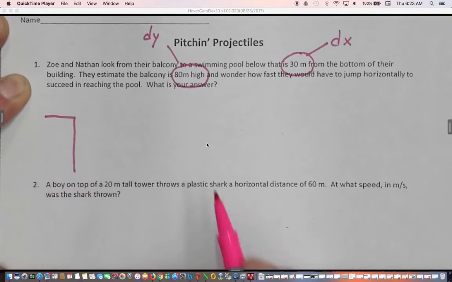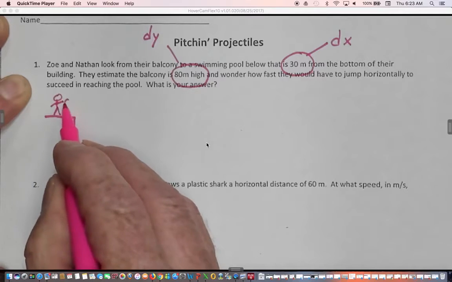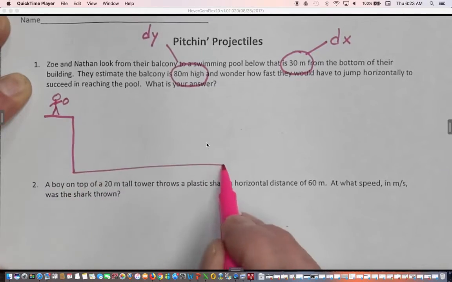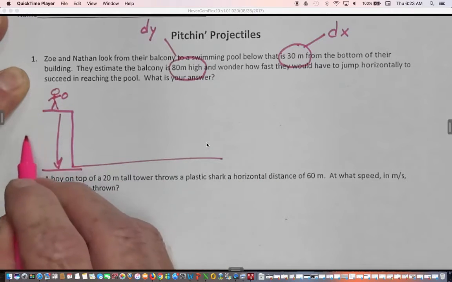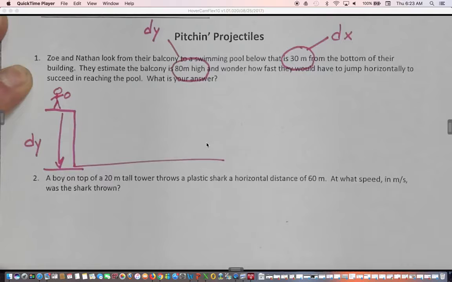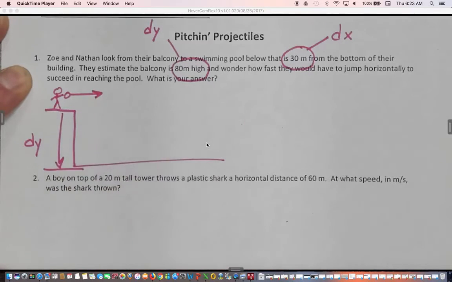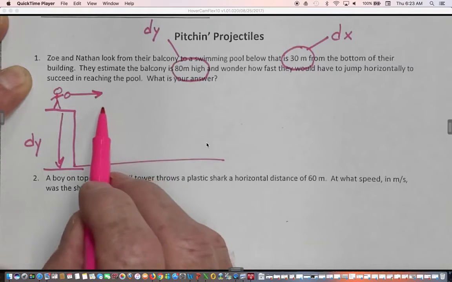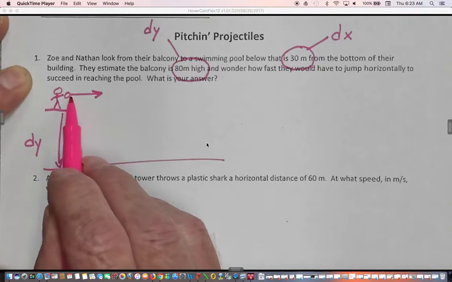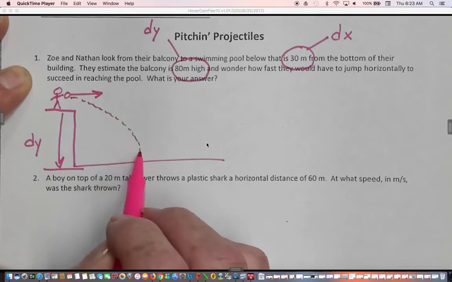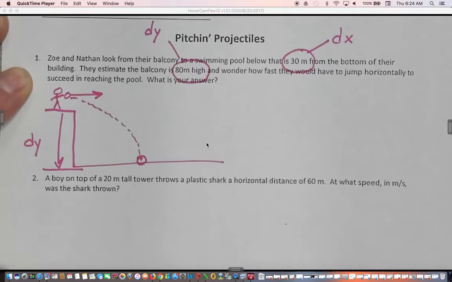If I draw this, somebody's standing on a balcony, and they're going to throw something off. When it says high, this has to be my dy. That object's going to be thrown out horizontally with some horizontal velocity, and it's going to go in a parabolic trajectory.